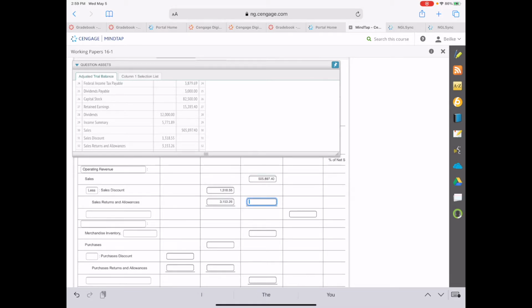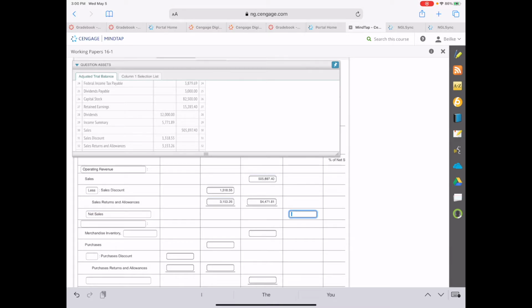Okay, remember, we could write another label there, but what we do is we draw a single line under those 2 numbers, and we will add them together. And when we add them together, we come up with $4,471.81. So we have our sales listed there, and we have our 2 contra accounts. Our next column heading is net sales.